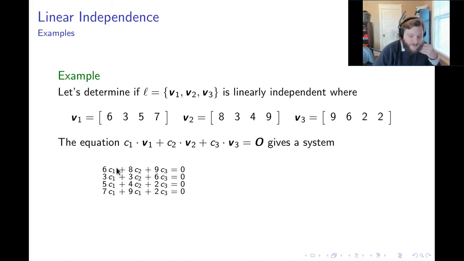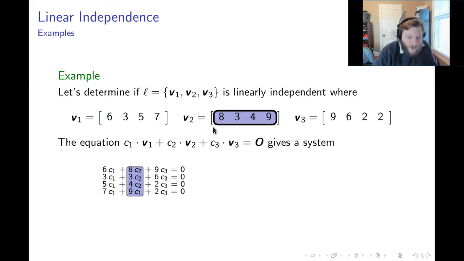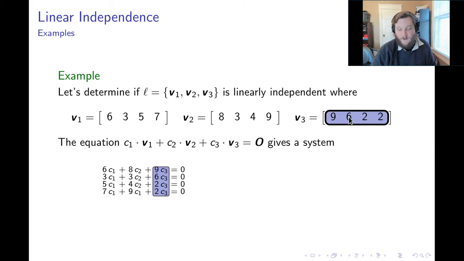So the system of equations has 4 equations with 3 variables. The coefficients in front of c1 are exactly the coordinates in the first vector. The coefficients in front of c2 are the coordinates in the second vector. And the coefficients in front of c3 are the coordinates of the third vector. And we know everything about systems.